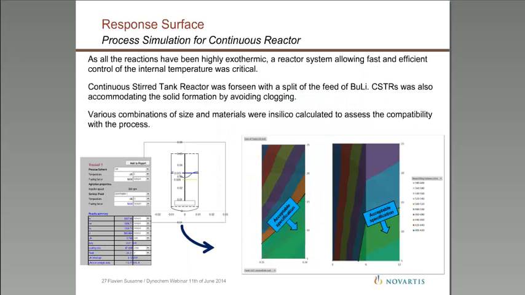But we needed to evaluate if one of these technologies was more appropriate to reach the right yield and right quality. And it's why we ran the same exercise as you've seen before with the different variables of parameters, that means temperature and flow and stoichiometry. We ran the same for the reactor. Just in this case, we end up with different variables.